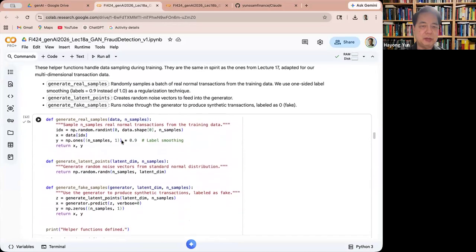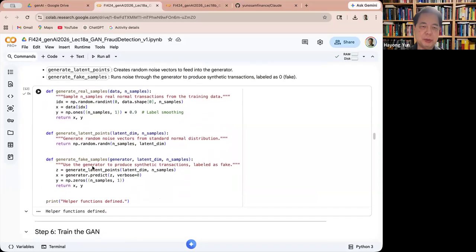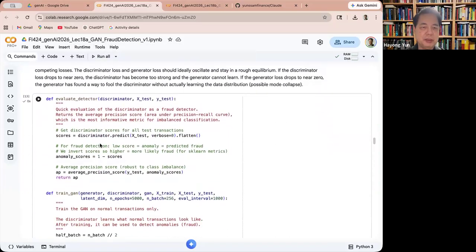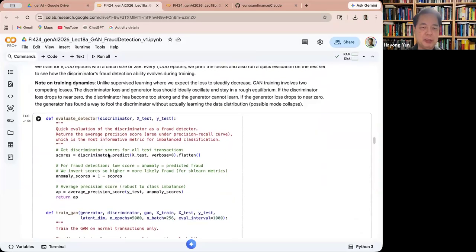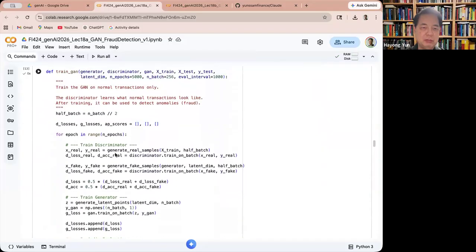Then some helper functions: real samples to generate for training; to get the generator started we need random seeds, so generate latent points; and generate fake samples using the generator; and then evaluate the detector. And here we train the GAN. Not too surprising: get real data and train on real data, get fake data and train on fake data.